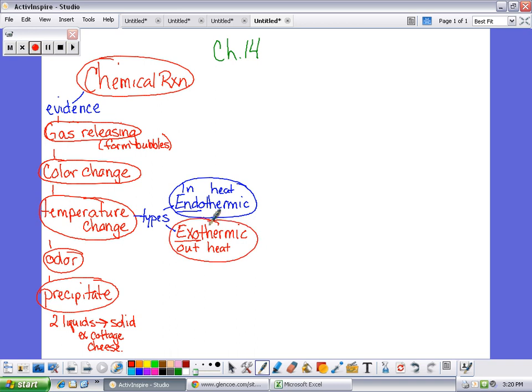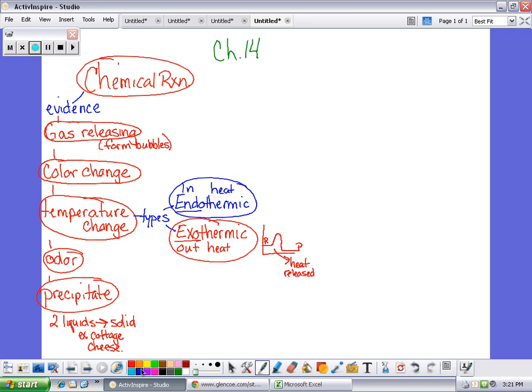Now when you look at the endothermic and exothermic reactions, they can be identified via a graph. We talked about the graph as you start with your reactants, and then you have your activation energy, and then the exothermic, you're going to have less energy in the products. So when your products have less energy than your reactants, you know that heat was released, and that's an exothermic reaction.